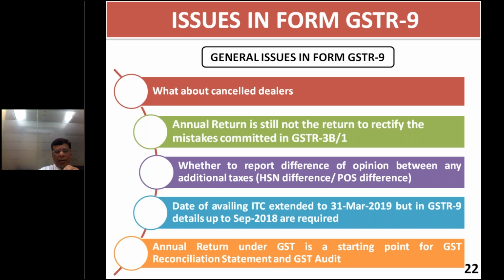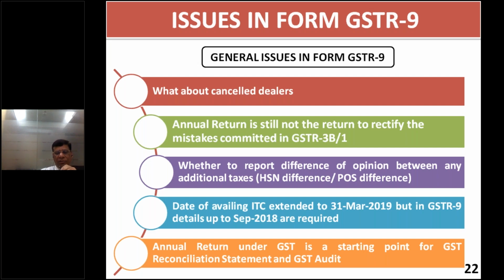We very well know that the turnover in our books of account and the turnover as contained in various returns may always differ because even branch transfers are taxable under GST. Not only that, the revenue recognition mechanism under GST is different as compared to revenue recognition in income tax or company law.